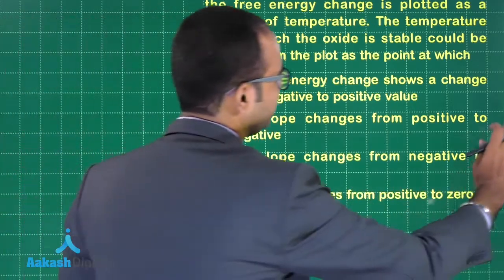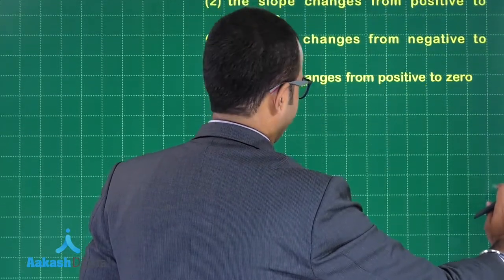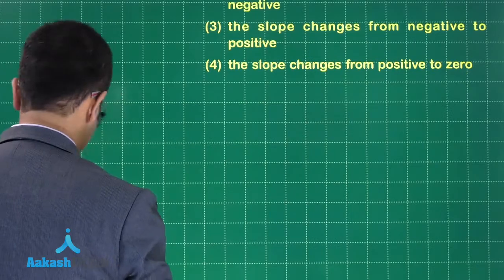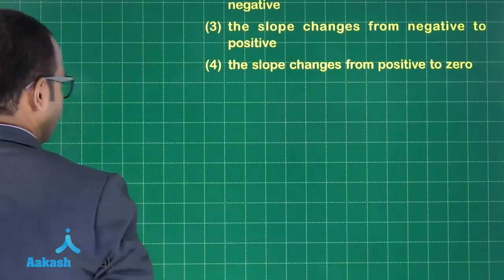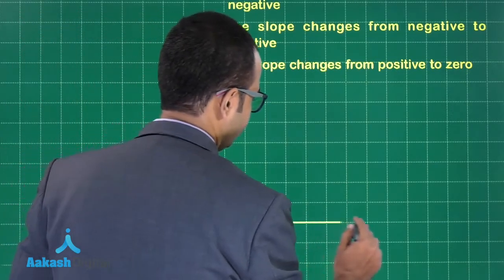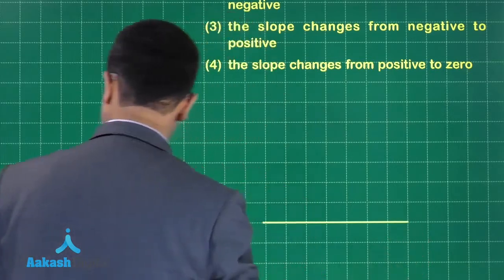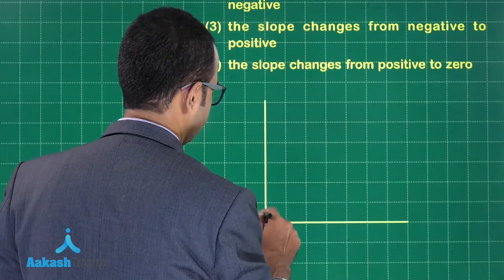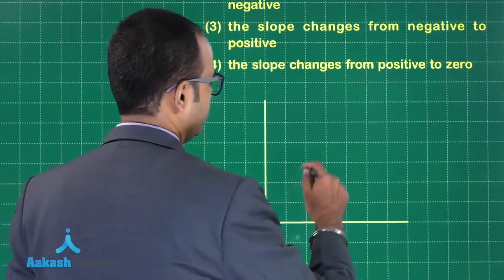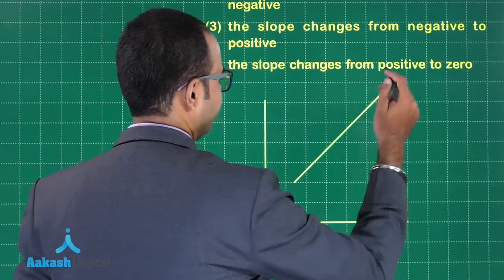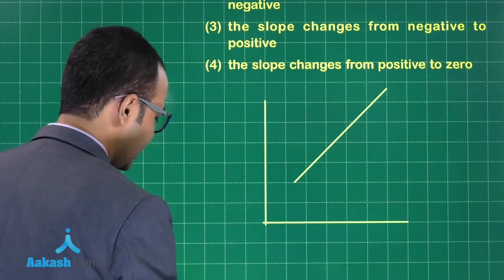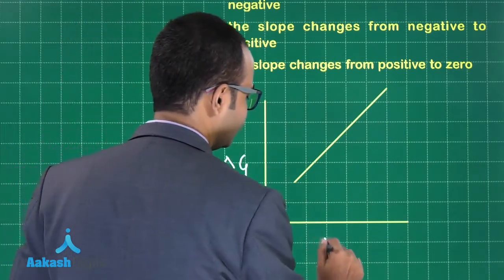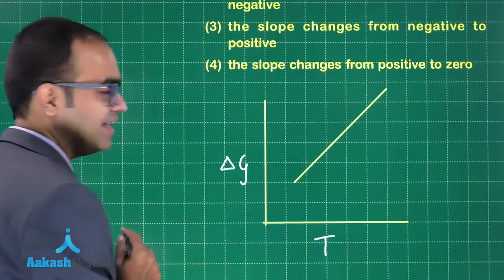Okay. Let us look at this graph, guys. So this is your x-axis, this is your y-axis. The graph of del G against temperature will look something like this, guys.